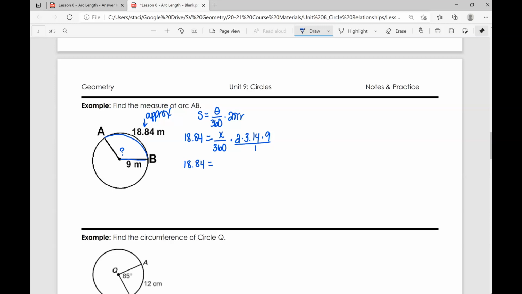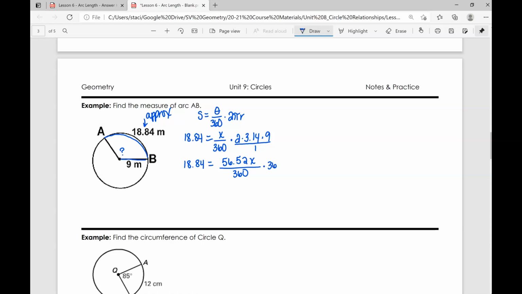When I multiply 2 times 3.14 times 9, I get 56.52x. 360 times 1 is just 360. So to solve, to get x by itself, I have 56.52 times x divided by 360.